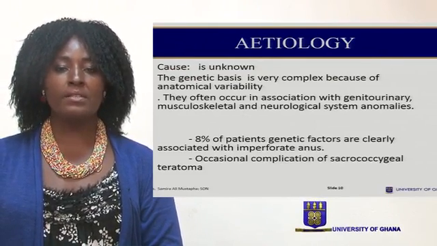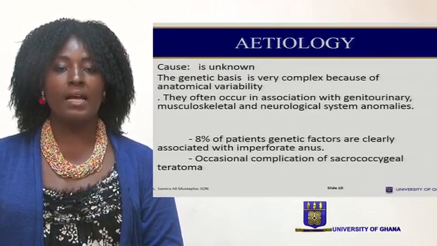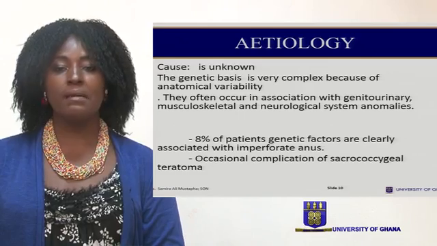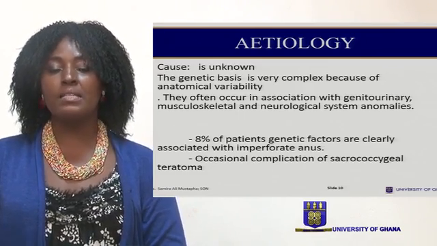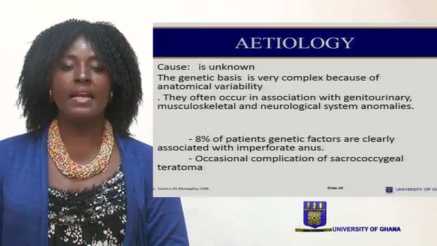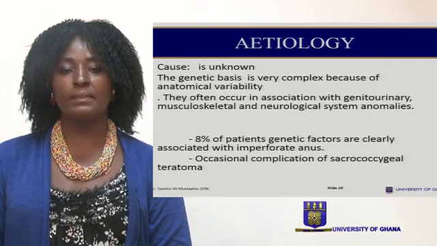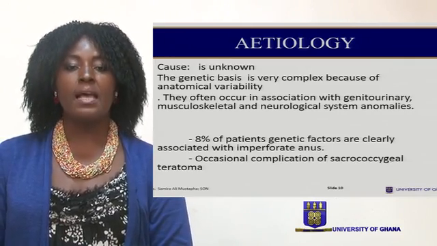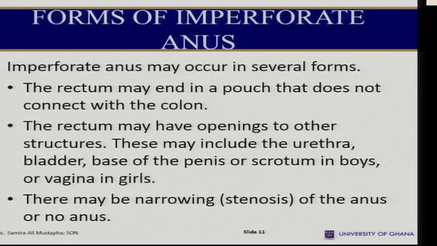They occur in association with some genitourinary, musculoskeletal, as well as neurological system anomalies, and also some chromosomal anomalies, as we have discussed earlier. Genetic factors are clearly associated with imperforate anus, and there are occasional complications of sacrococcygeal teratoma.